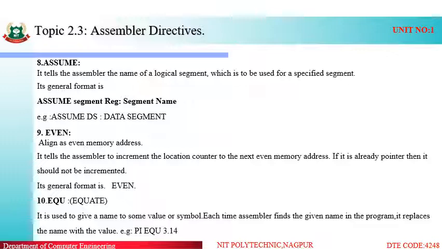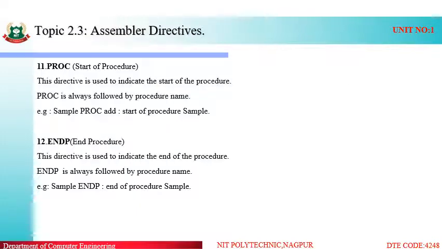EQU, equate, is used to give a name to some value or a symbol. So the example is pi equ 3.14, where pi is the variable name, so pi equals 3.14. So EQU is used to give the equate. PROC, the procedure assembler directive, is used to indicate the start of the procedure.